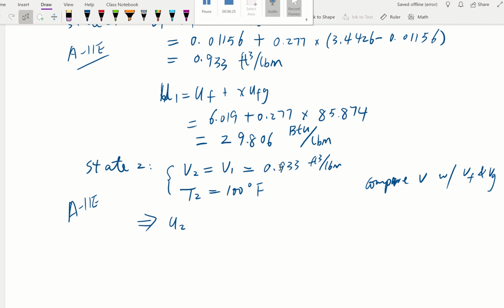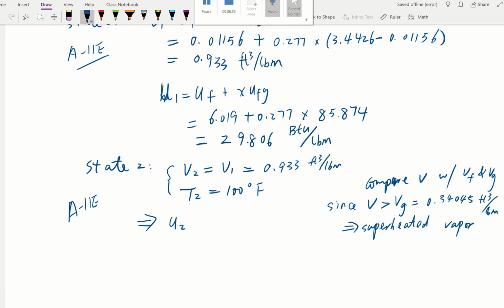Do you realize our V is way greater? Our V is greater than the VG. This VG at 100 Fahrenheit is 0.34045 cubic feet per pound mass. So that's telling us this is a superheated vapor.